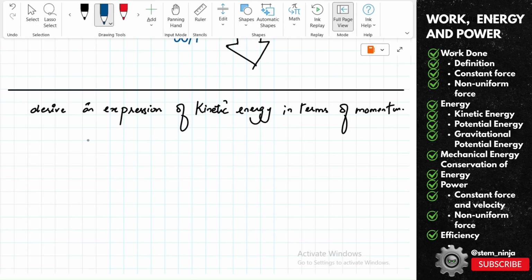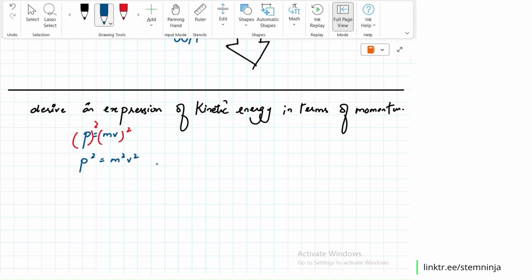Okay, so we know that momentum is basically the product of mass times velocity. So if we square both sides, you get p squared equals m squared v squared.